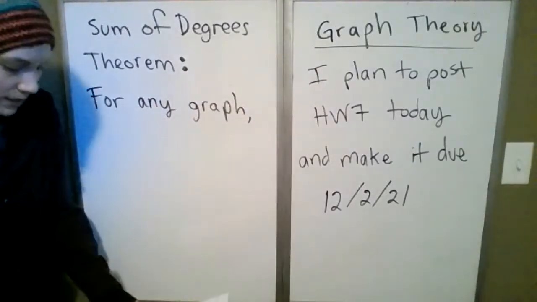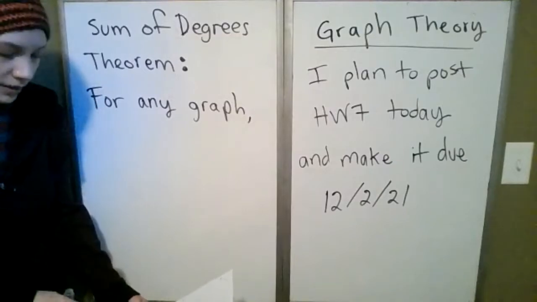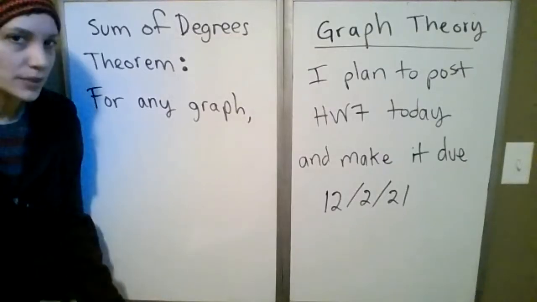All right, the sum of the degrees of all the vertices equals twice the number of edges.